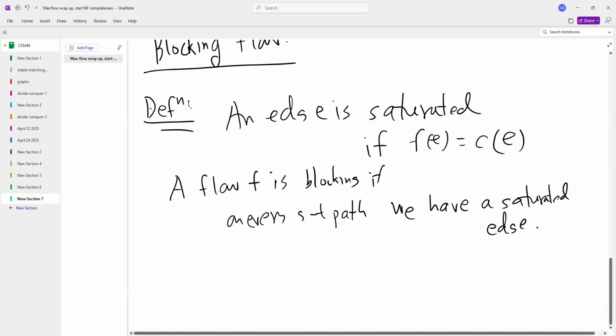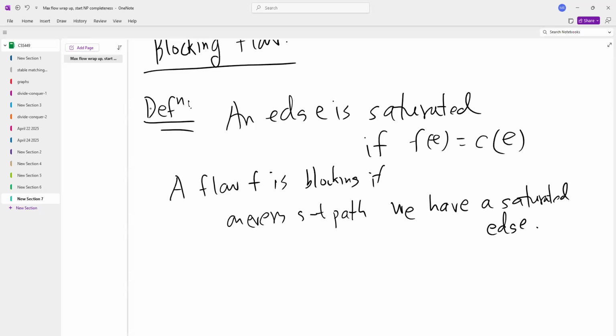Every ST path has a saturated edge. Why is it called blocking? Because if you reach a blocking flow, there is nothing more you can add there, because there are no more ST paths on which you can send flow. Every ST path has a saturated edge, and what is the residual capacity on the saturated edge? 0.